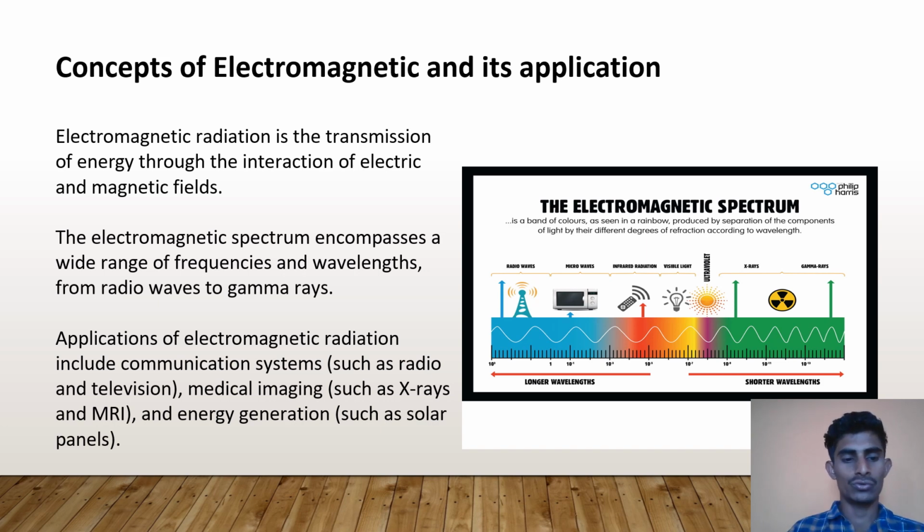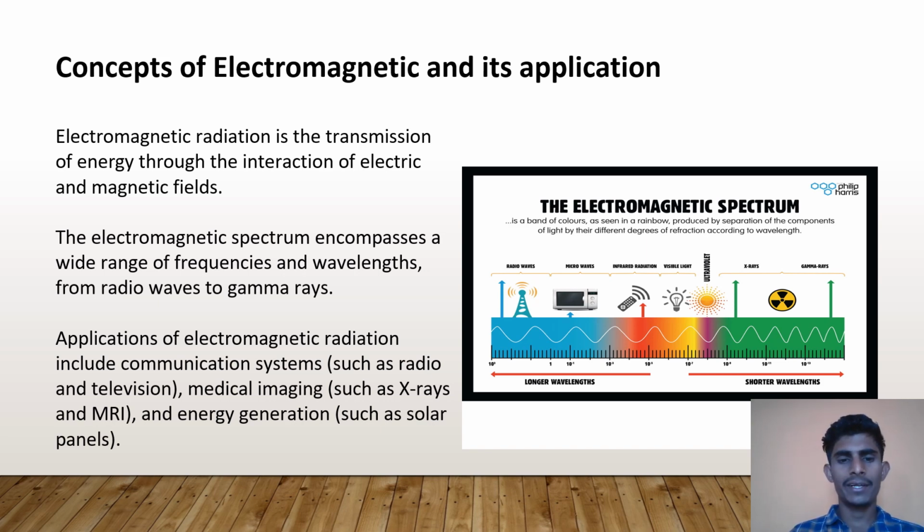The electromagnetic force is one of the four fundamental forces and exhibits electromagnetic fields, such as the magnetic field, the electric field, and light. The electromagnetic spectrum encompasses a wide range of frequencies and wavelengths, from radio waves to gamma rays.